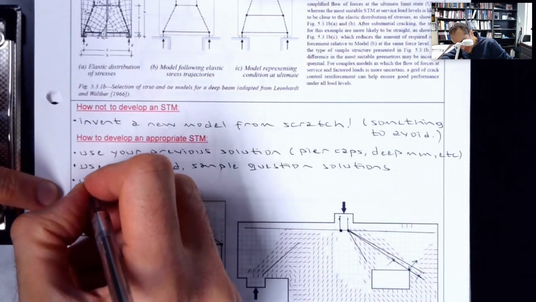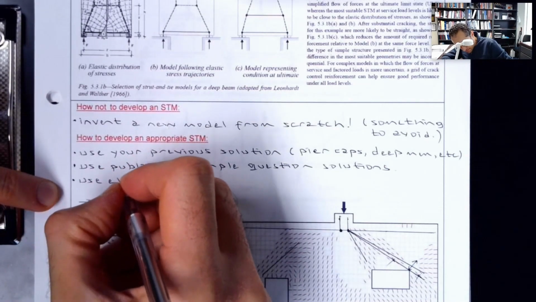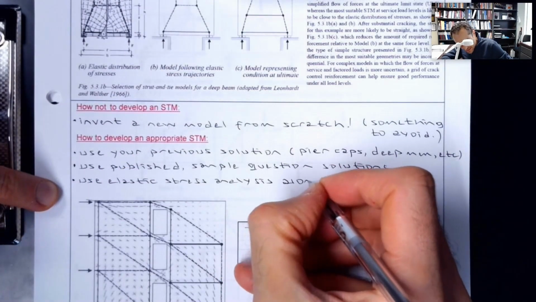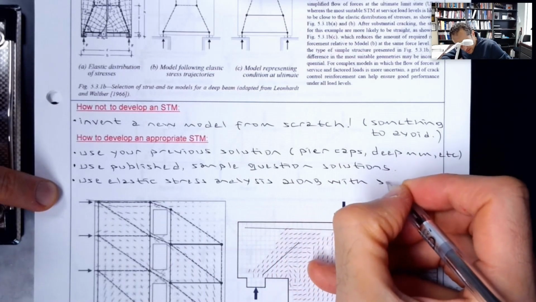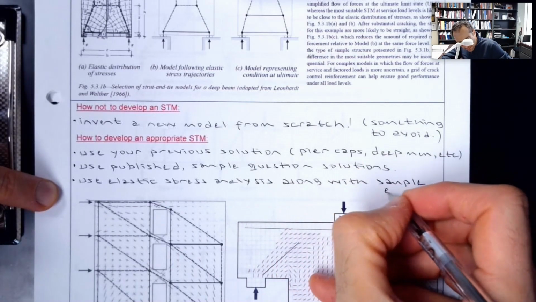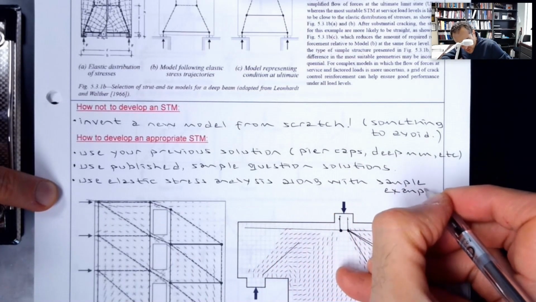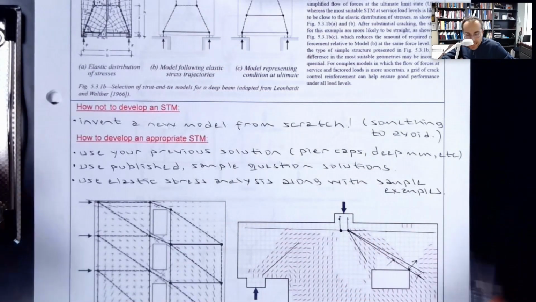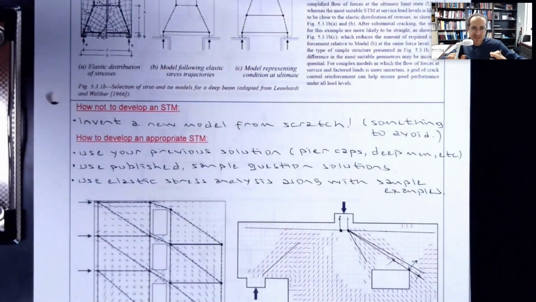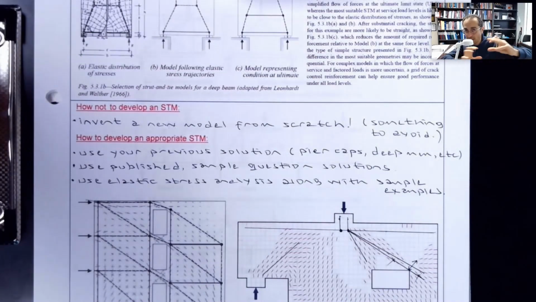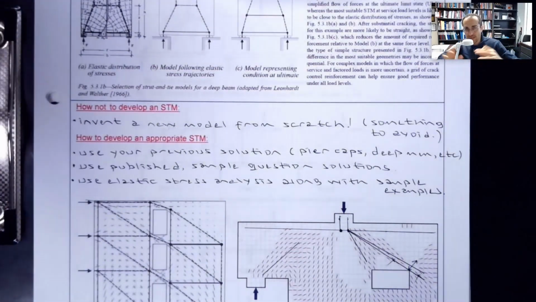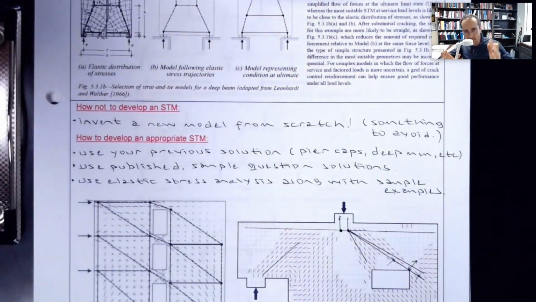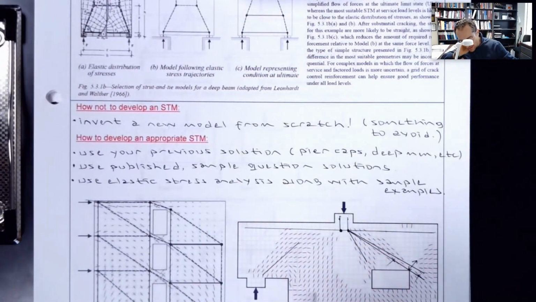Then use elastic stress analysis along with solved examples. I mean, you have a solved example which doesn't exactly match and you are concerned about the region. So you do elastic stress analysis and see how the tie and strut need to be oriented for that region.